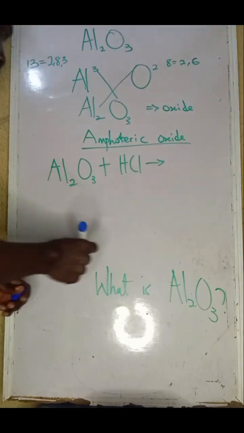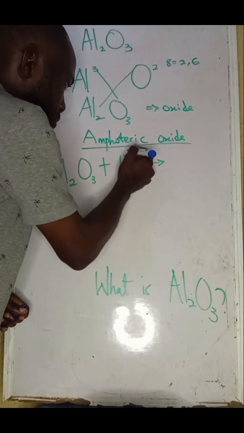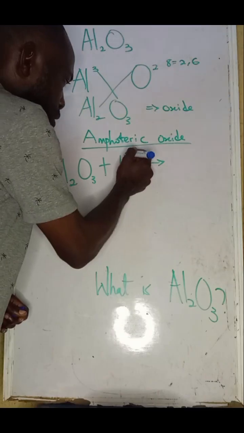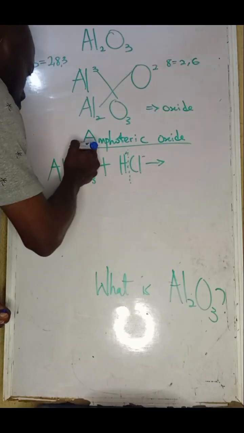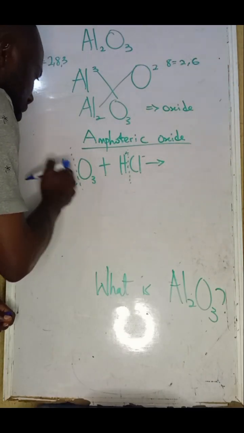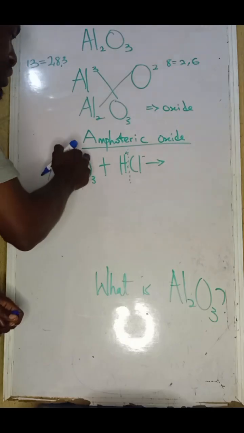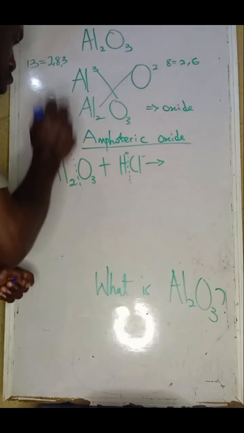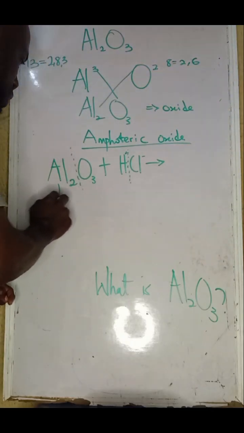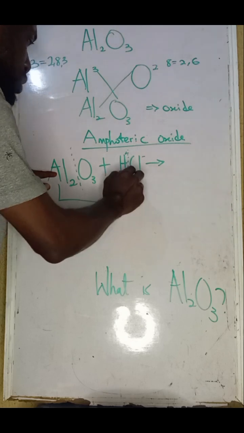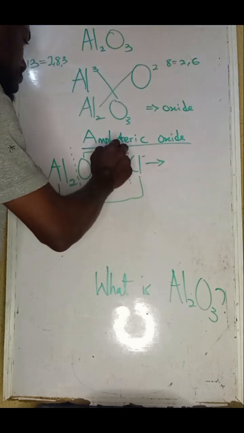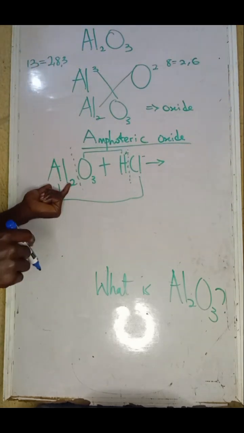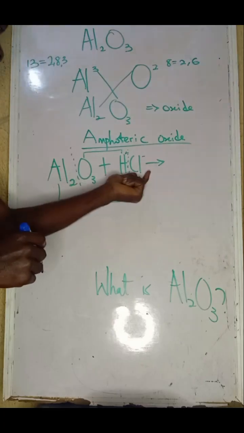And what will happen? The HCl is going to split into ions, we have H plus and Cl minus. The Al2O3 is going to split into ions, which are Al3 plus and O2 minus. The positive here is going to react with the negative here, and the negative here is going to react with the positive here. That is how we form AlCl3.